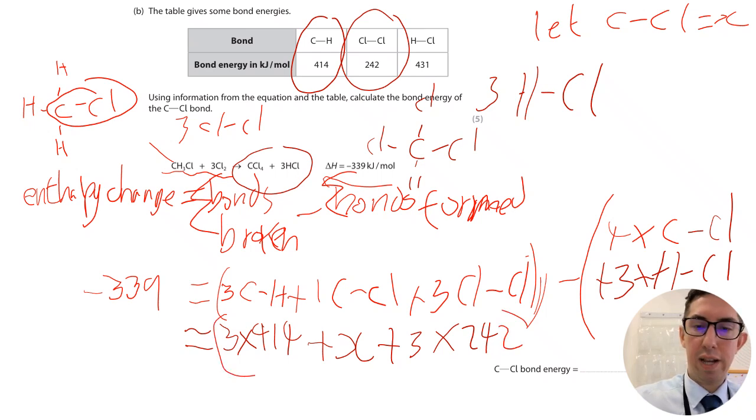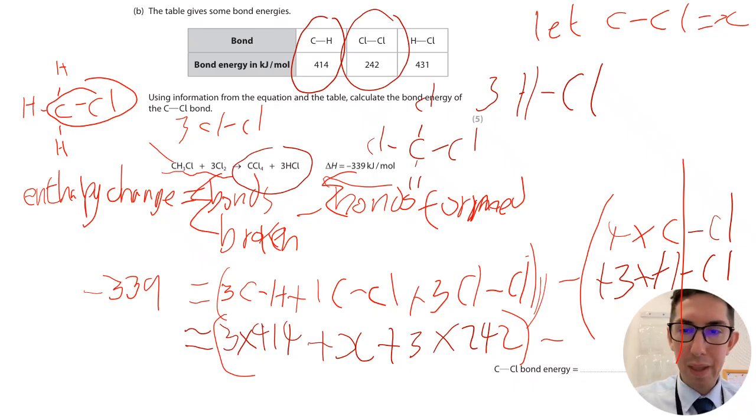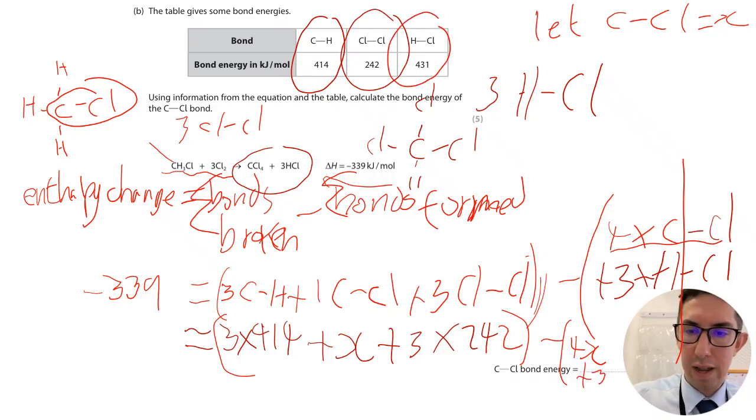Let's put that all in brackets, and then minus the bonds formed. So we've got 4x, because that's what we're trying to calculate, the C-Cl bond, plus 3 times H-Cl, so that's going to be 3 times 431, close brackets.